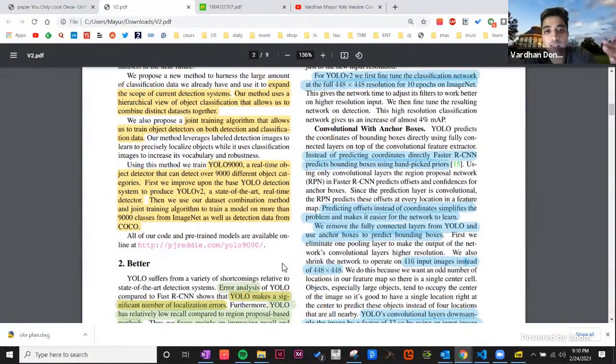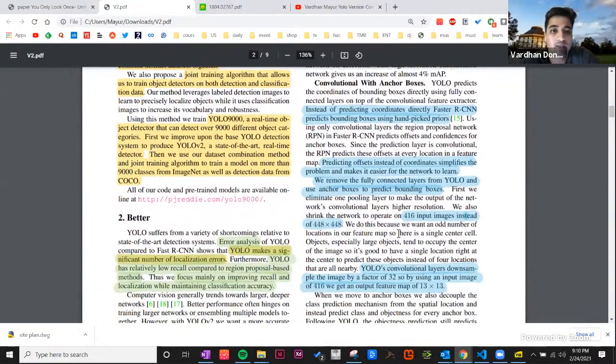They initially trained it on ImageNet 1000, which had 224 by 224 size, but then they fine-tuned the network on the desired resolution. I think that's something around 416 or 448. I'm not so sure about it, but that's the high resolution they are looking for. It says 416 input images instead of 448 by 448.